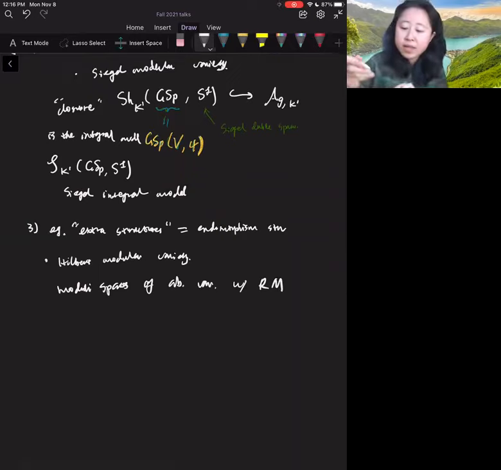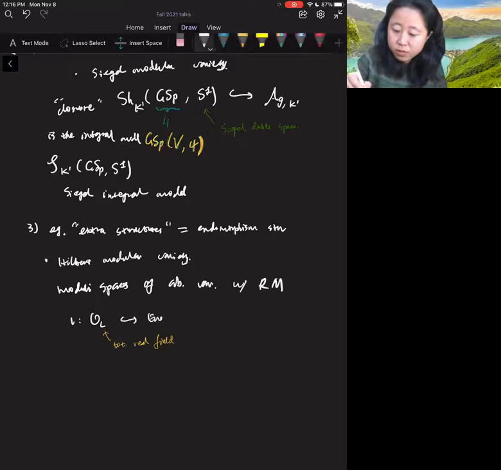By that, I mean it's equipped with a ring embedding of the ring of integers of some totally real field. So here L is some totally real field, and you're considering a ring embedding into the endomorphism ring of the abelian schemes that you're trying to parameterize.